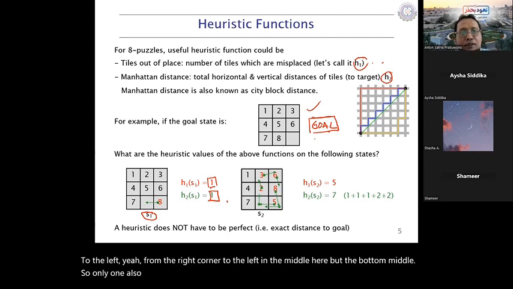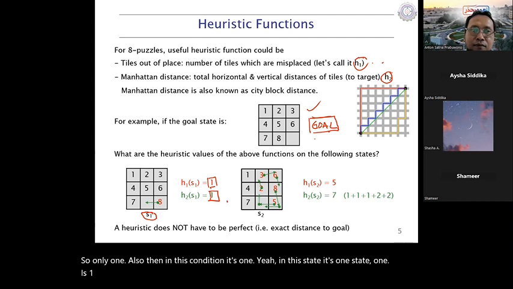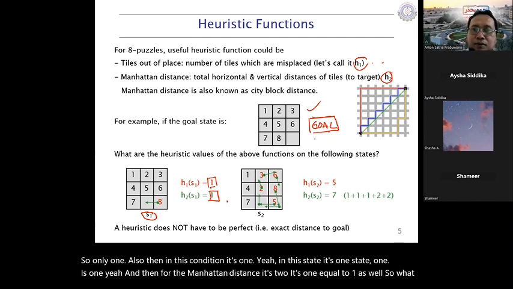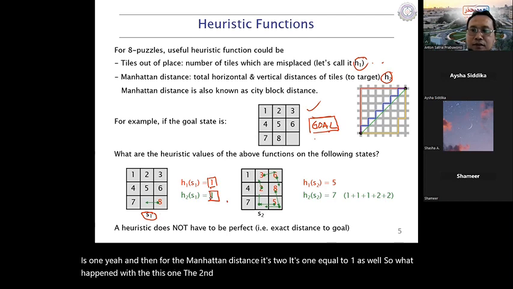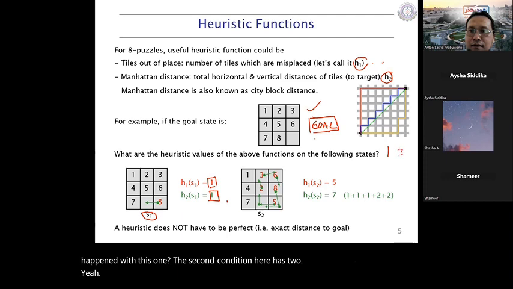In this state, H1 for step 1 is 1, and for the Manhattan distance, H2 is 1 as well. So what happens with the second condition? The state is 1, 3, 6, 4, 2, 8, 7, blank, and 5.